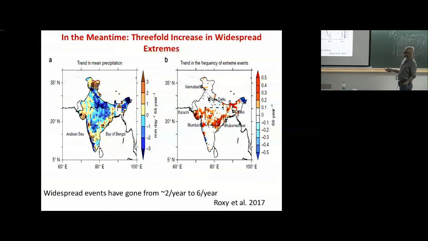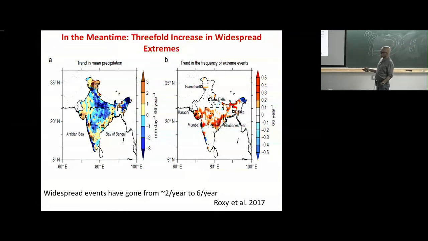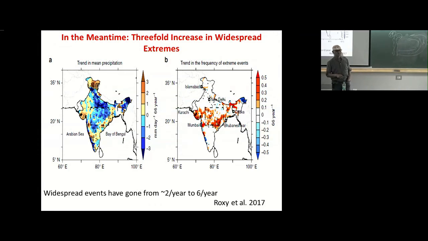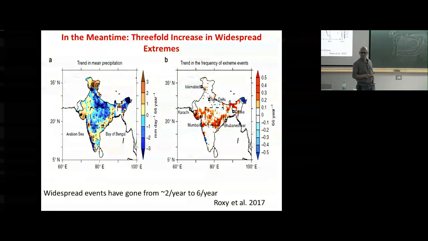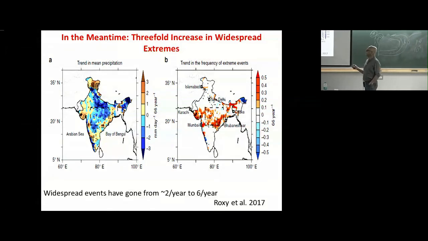They have slowly increased now to about 6 per year. So when you read about floods last week, it will talk a lot about Assam and rhinos and so on. But actually, if you look at the map, it is flooding on a very large area.